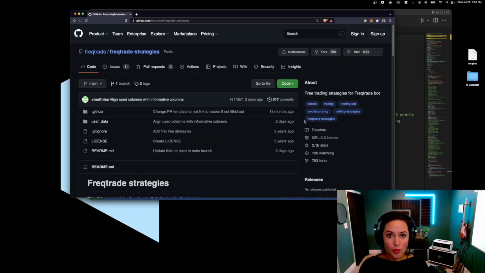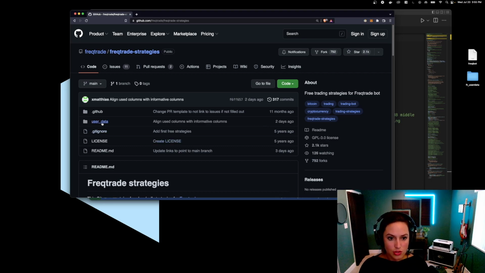This is super cool because you get access to a bunch of sophisticated and simple strategies that you can tweak, hyper optimize, and use as you like. I don't recommend that you put live money on the line before hyper parameter optimizing and observing the bot trade with that strategy for a while. So just know that these strategies are available to you, but you may not want to put real money on the line immediately.